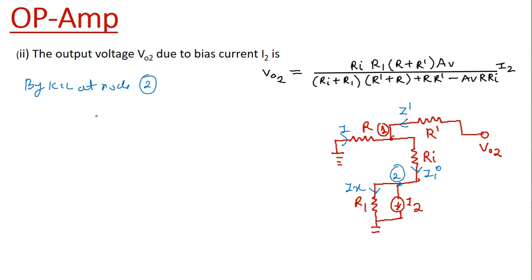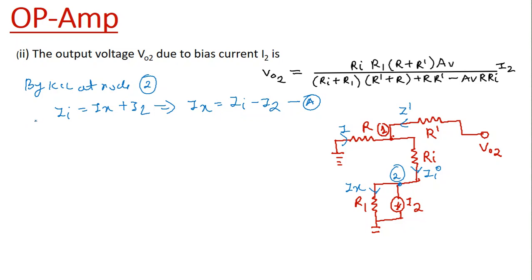When we apply KCL at node 2, we get Ii is equal to Ix plus I2, and from this equation we get Ix is equal to Ii minus I2. So let this be equation number A. The current through R1 we got by KCL.